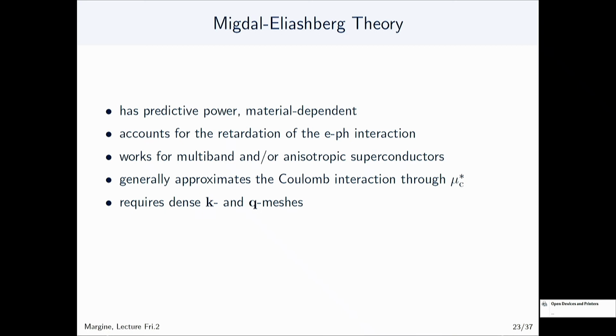Generally, it just approximates the Coulomb interaction as mu star. In principle, the theory can be worked out to have this V calculated inside the Migdal-Eliashberg equation, but this is not currently done. And when you want to solve it in the anisotropic case, it will require dense k and q meshes in order to reach convergence.